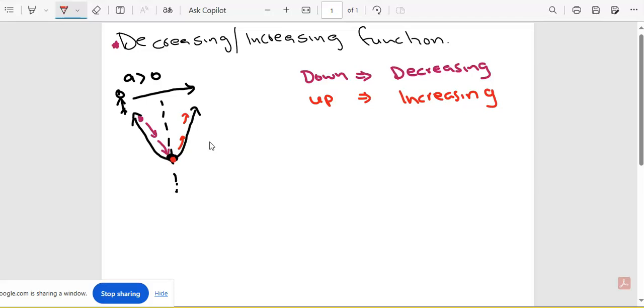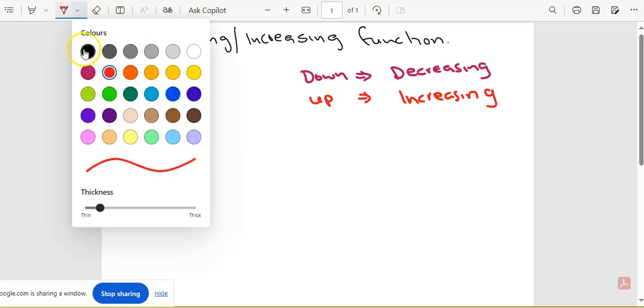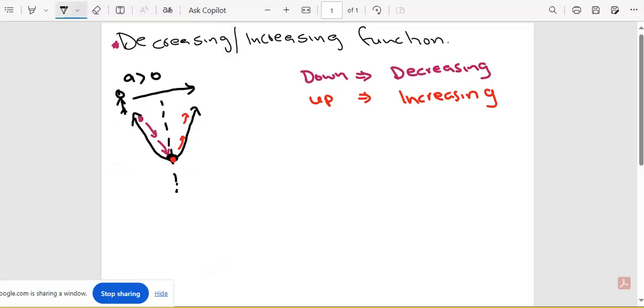So now I'm going to give you another example. Let's say we have the value of A as negative, the value of A less than 0. We know that our graph will be concave down like this. Right. So remember, this is you walking from left to right.